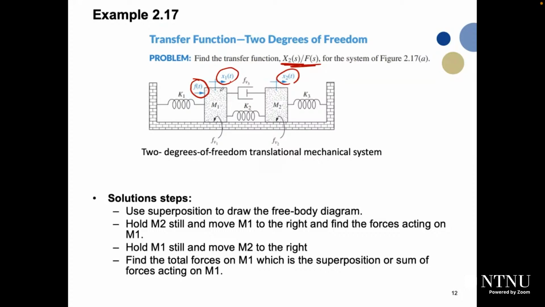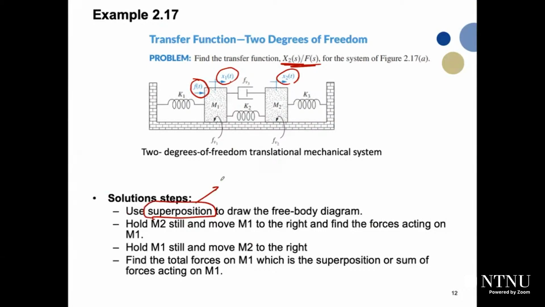Yes, if we push M1 to the right-hand side, K2 will generate a force which will try to push M2 to the right as well, right? So of course we can have this. To solve this problem, we need to use something called the superposition theory.